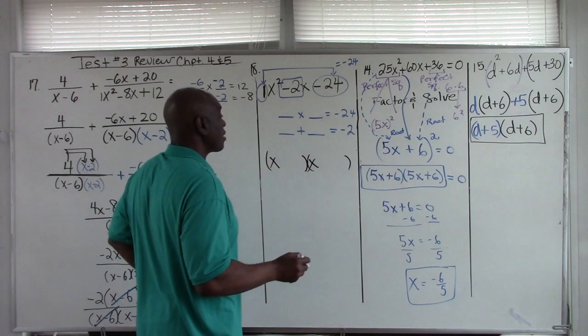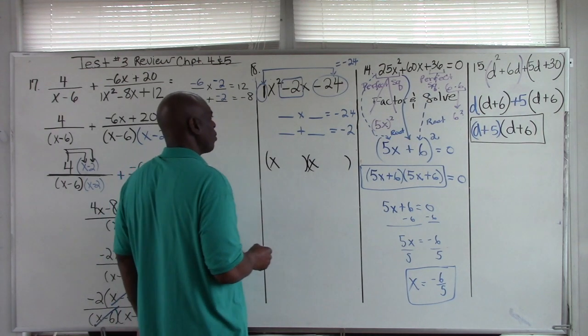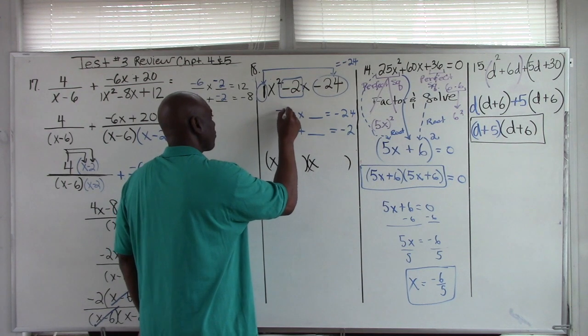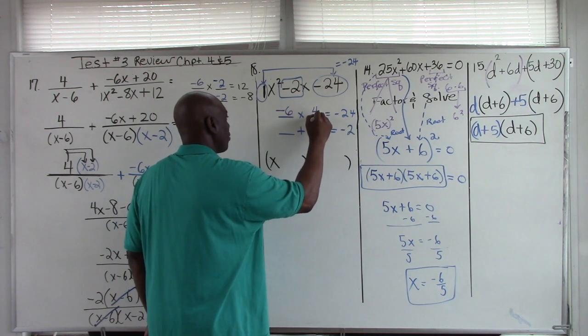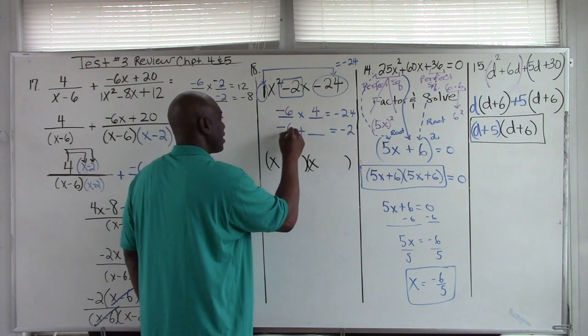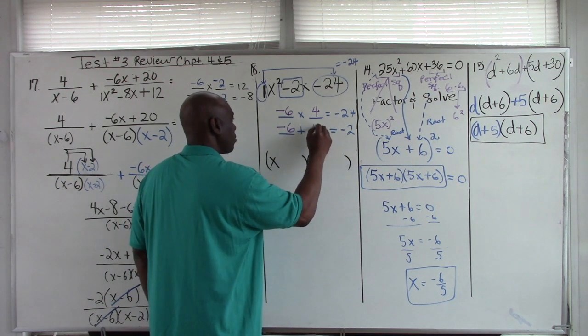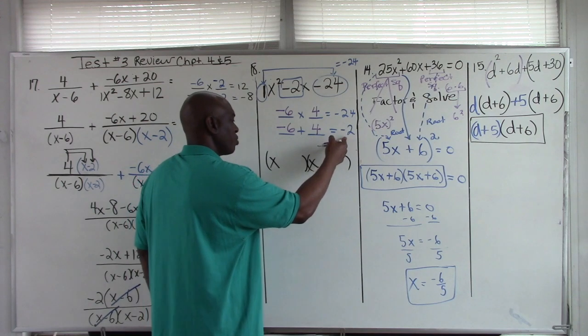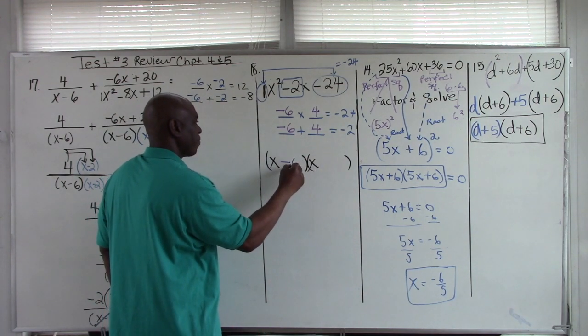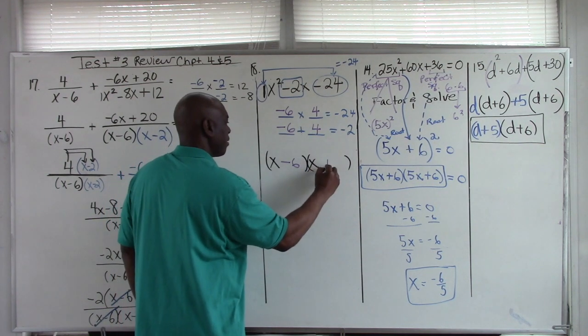Well, let's see here. Let's go maybe 6 and 4. Negative 6 and a positive 4 is negative 24, and negative 6 plus positive 4 is negative 2, so that's going to do it. Negative 6 goes right here, and plus 4 goes right there.